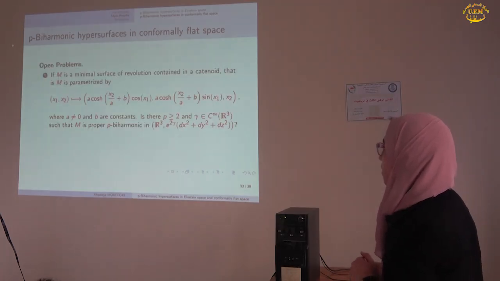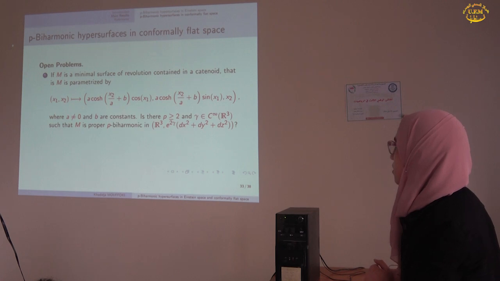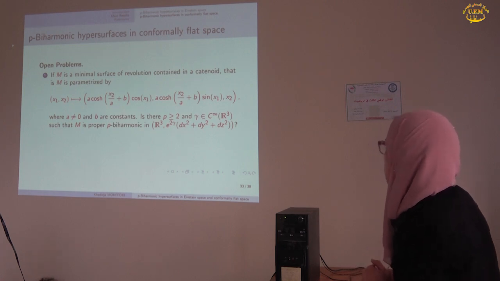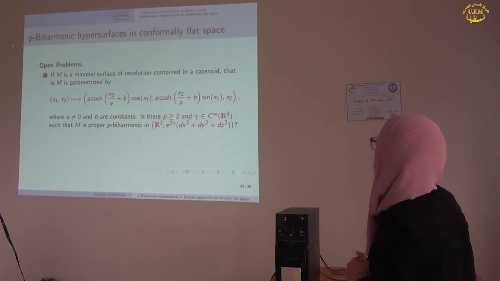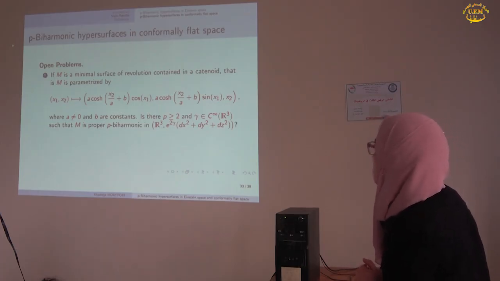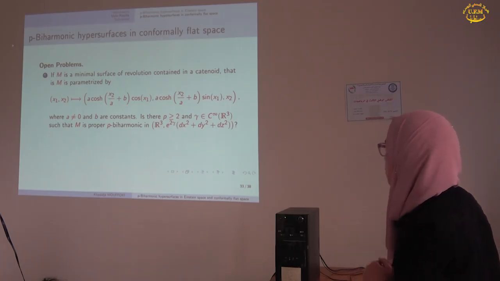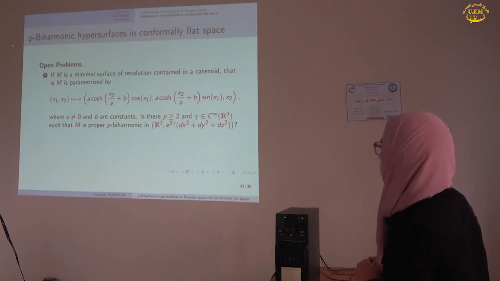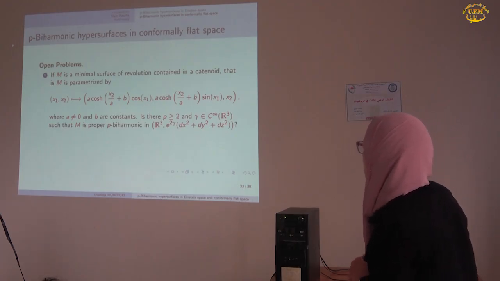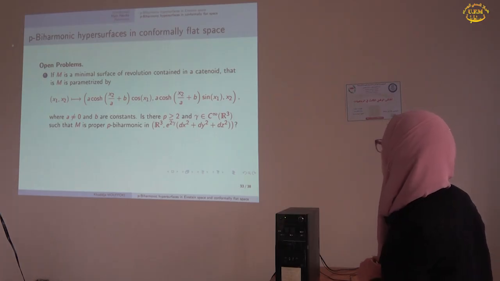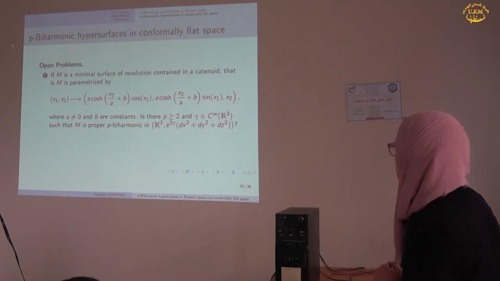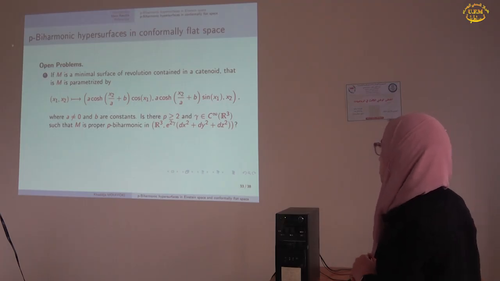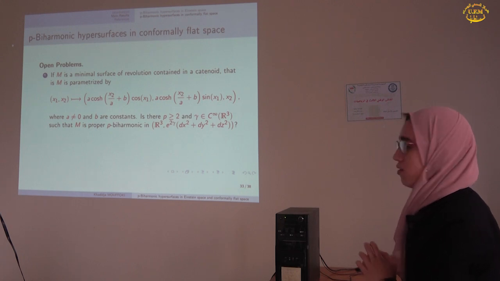And then we have open problems. If M is a minimal surface of revolution contained in a catenoid, that is, M is parameterized by this parameterization, where a and b are constants, is there p greater than or equal to 1 and gamma a smooth function in R^3 such that M is proper Biharmonic in R^3?